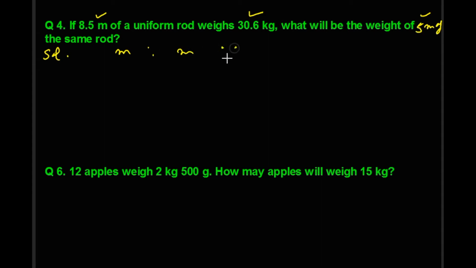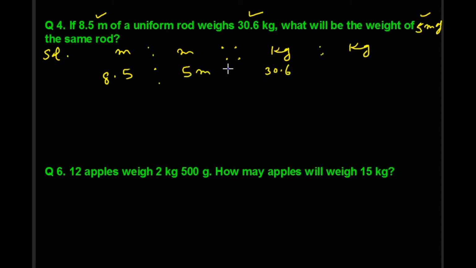Meter ratio, meter proportion, kg ratio, kg. So the weight of 8.5 meter is 30.6 kg.